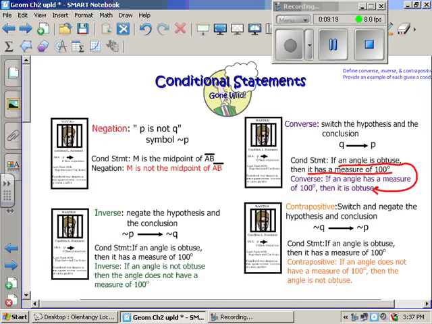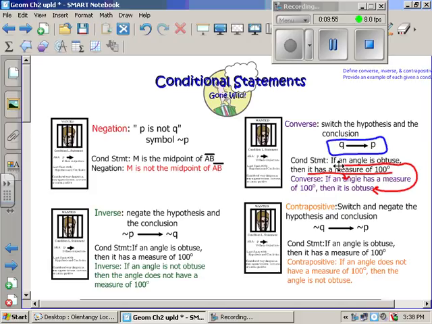So then it is obtuse, and it takes the conclusion, it has a measure of 100 degrees, and makes it the hypothesis: if an angle has a measure of 100 degrees. So the symbols would look like this. Instead of if P then Q, a converse would be if Q then P. And your converse statement would be if an angle has a measure of 100, then it is obtuse. You just flip those. Okay?